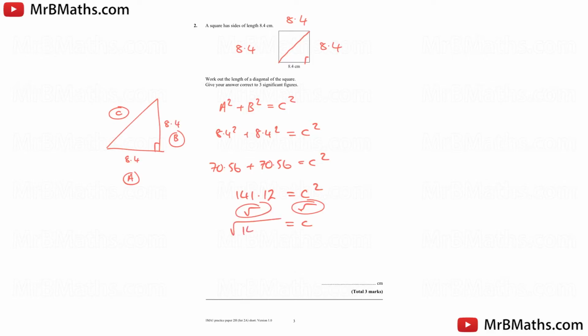And the square root of 141.12 is 11.8793... If we do to three significant figures, 1, 2, 3, this is our third significant figure. We look here and we get 11.9 centimeters.